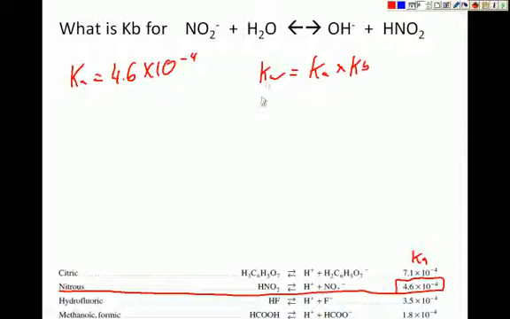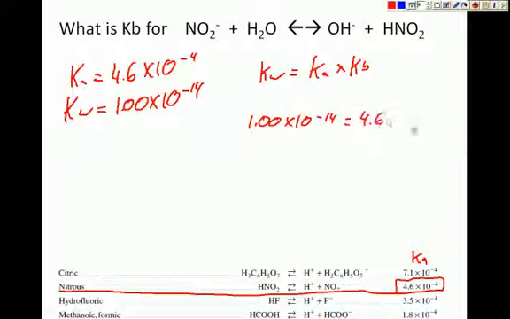Okay, so now we also know that Kw equals 1.00 times 10 to the minus 14. So let's put in some of our numbers here and solve. So 1.00 times 10 to the minus 14 equals 4.6 times 10 to the minus 4th times Kb.